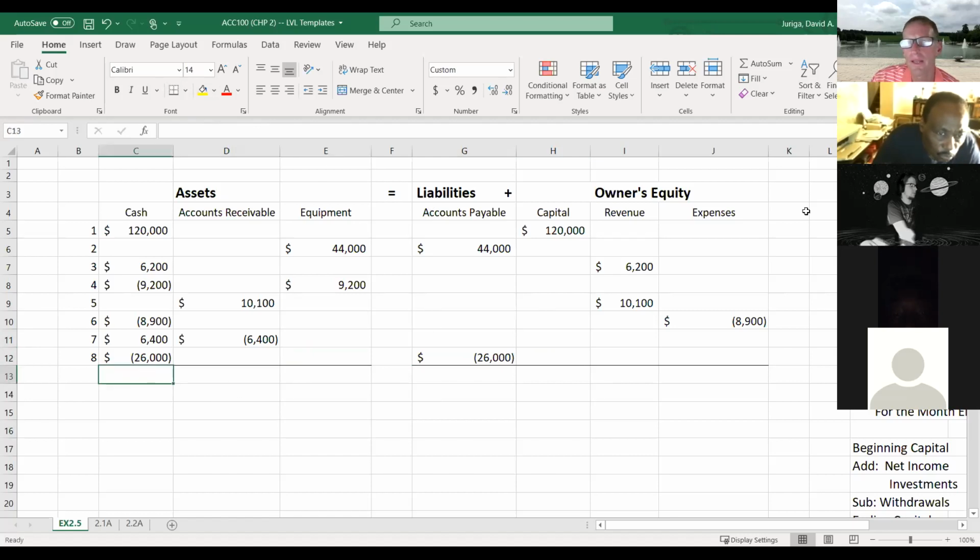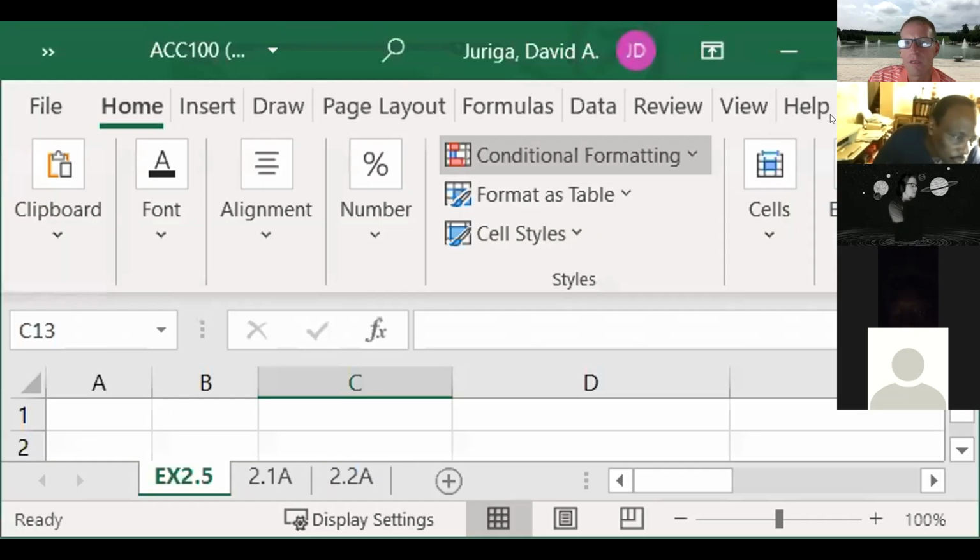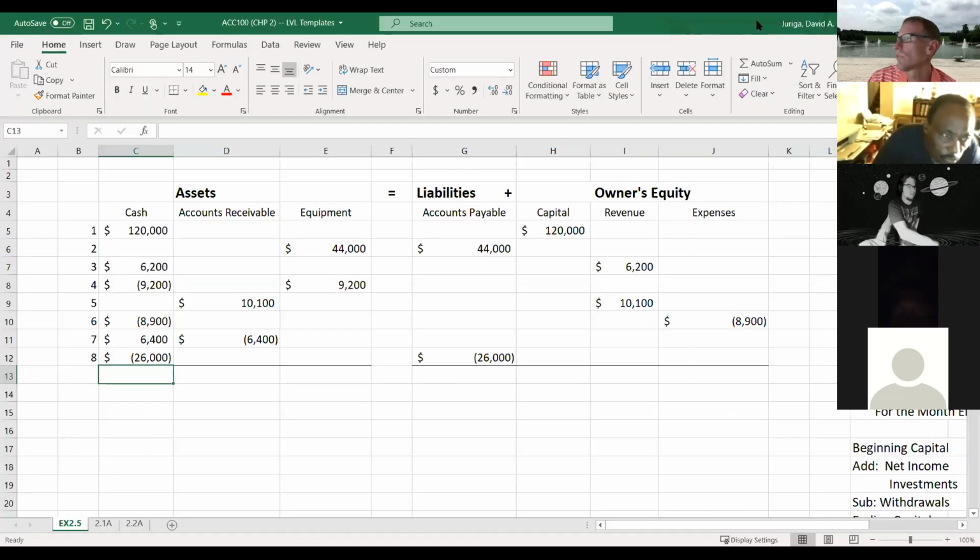So I would add up all my cash, and I would get 88,500. That's just taking every transaction from number 1 through 8. If it's a positive, you add it. If it's a minus, you subtract it. You'll get a positive cash of 88,500.